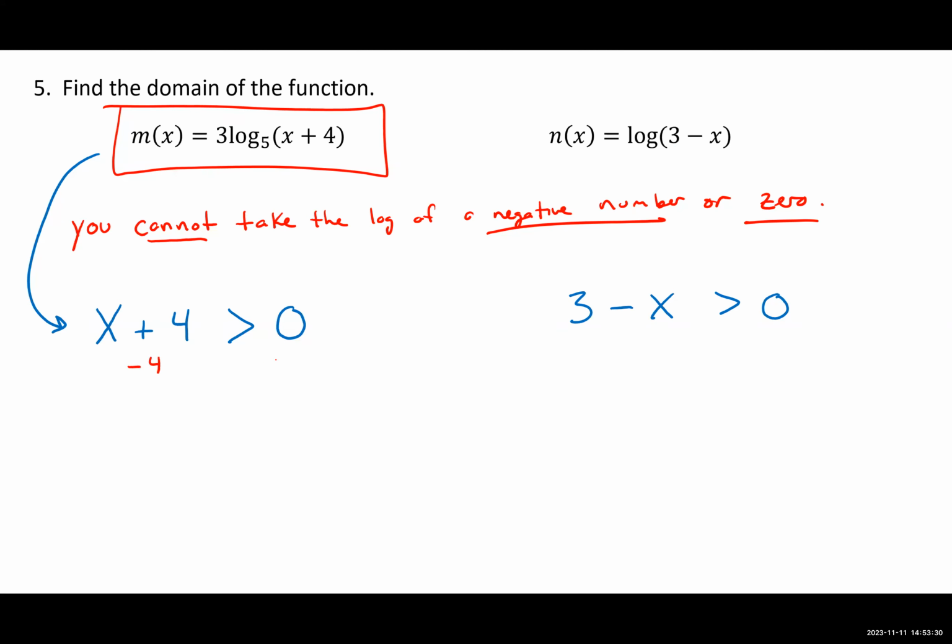So if we solve for x, subtract 4 from both sides, we get x must be bigger than negative 4. In interval notation, that would be, nope, not negative infinity, that would be negative 4 up to infinity. And that would be the domain. The one on the right, we could add x to both sides.